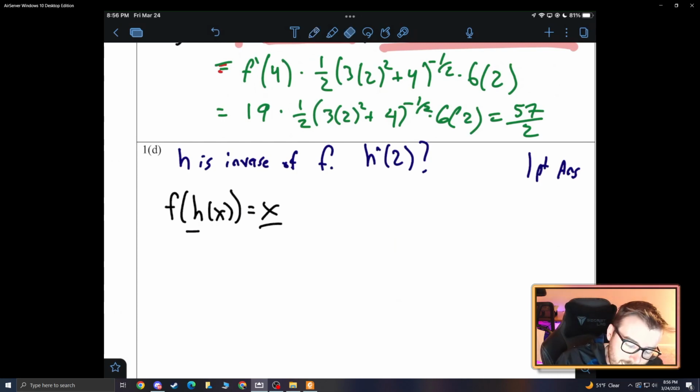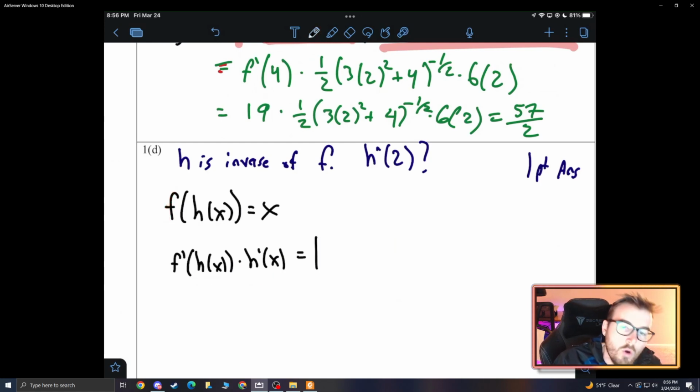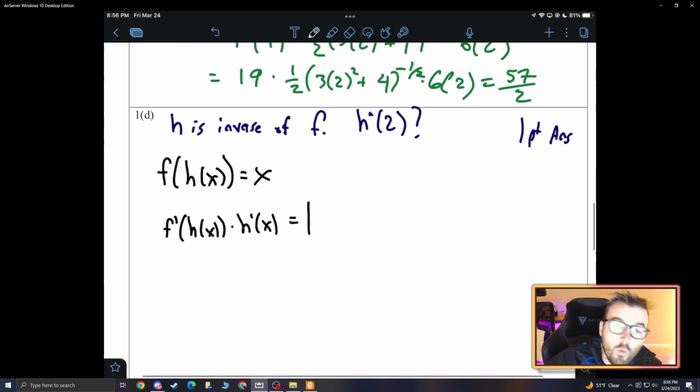So what happens when we derive both sides of this equation? F prime of h of x times h prime of x, that's me doing the chain rule, derivative of the outside function, leave the inside alone, multiplied by the derivative of the inside function, equals 1, because the derivative of x is 1. And we want to know the derivative of the inverse. Which one is the inverse? H, right?